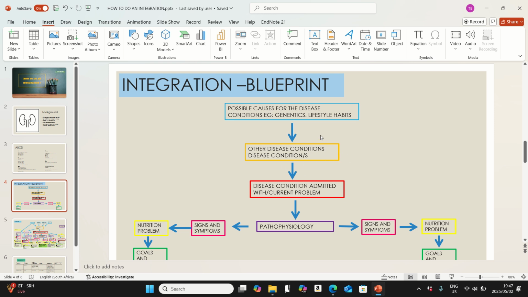And then obviously the pre-existing disease conditions will contribute towards the disease condition that he is admitted with. In some cases, it might not contribute towards the disease that they have been admitted with. In other cases, it would. For example, a hypertensive patient comes in with a gunshot wound injury or something like that.